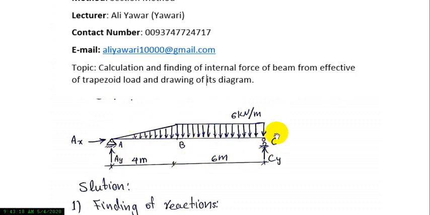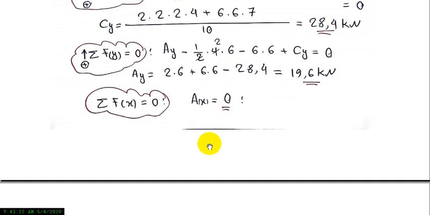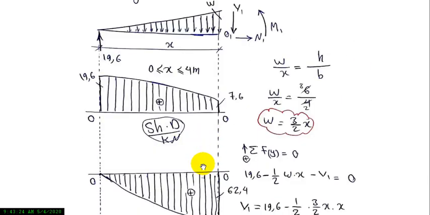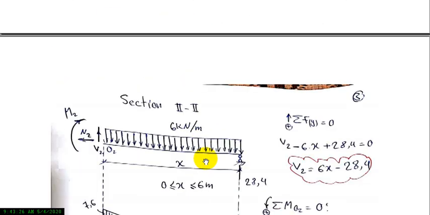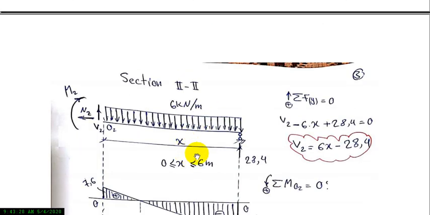I choose from the right hand. In this part we take a section, and the length of this section is also equal to x, which varies from 0 to 6. It is bigger or equal to 0 and lower or equal to 6.